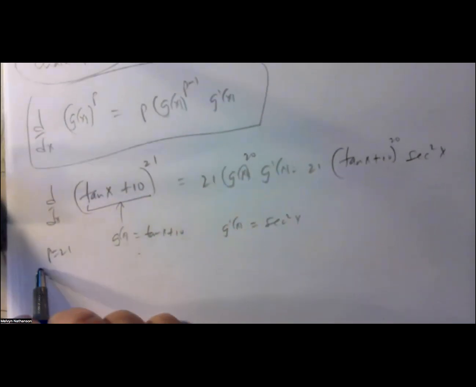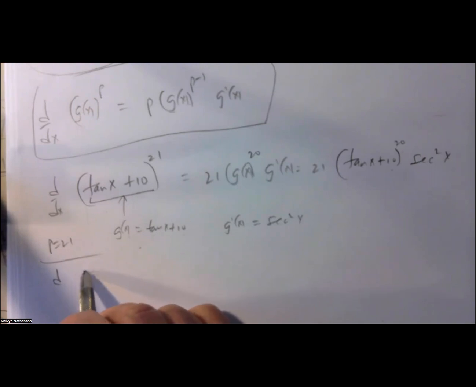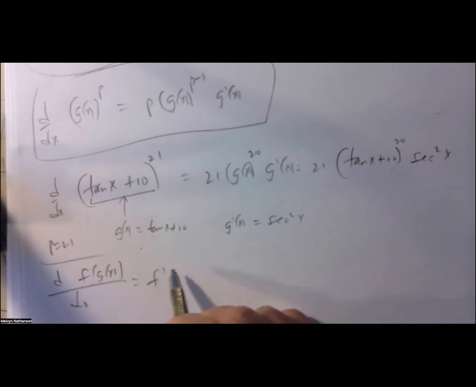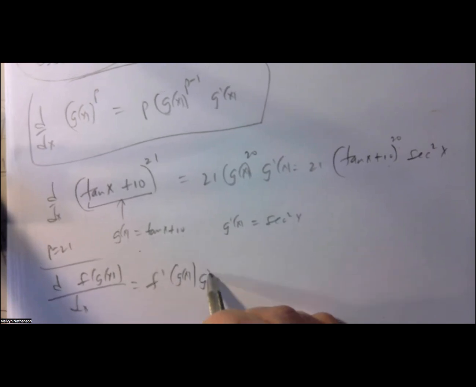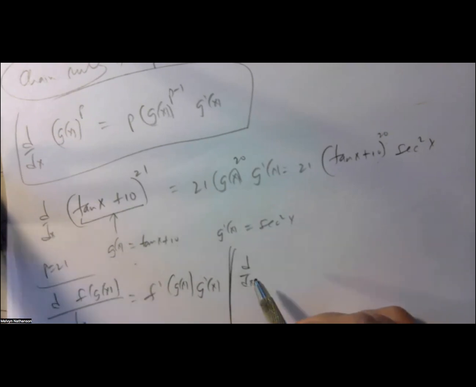And you can also apply the chain rule when you have a composite of more than two functions. Recall the chain rule for a composite of two functions. We write like this: the derivative of f of g of x with respect to x is f prime evaluated at g of x times g prime of x.